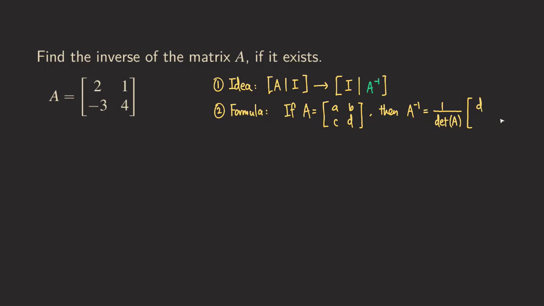We switch the A and D, so now the D takes the place of the A, and the A takes the place of the D. Then we negate the B and the C. So that is the formula that we can use.